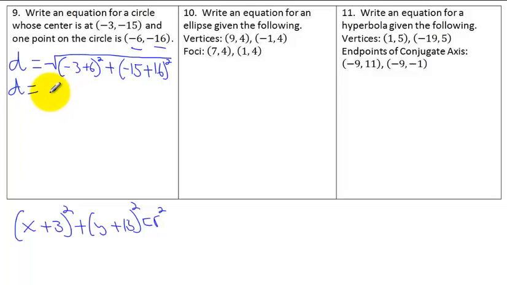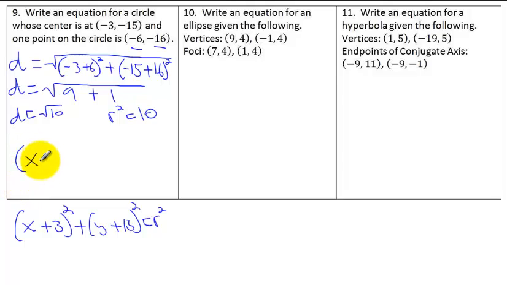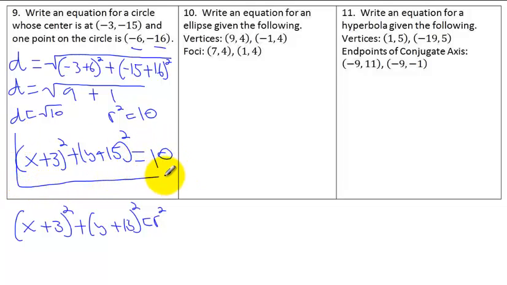And then what I get is the square root of, let's see, -3 plus 6 is 3, 3 squared is 9, plus -15 plus 16 is 1, 1 squared is 1. So the distance is the square root of 10, that's the radius. So the radius squared is just 10. So my formula is x plus 3, quantity squared, plus y plus 15, quantity squared. See, that represents our center point, -3, -15, and then it equals the radius squared, which in this case is 10.